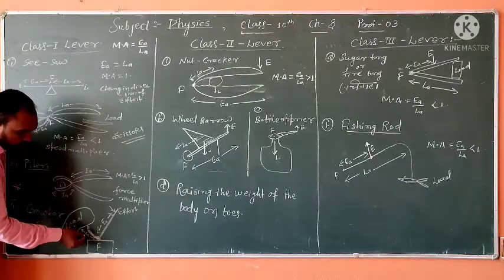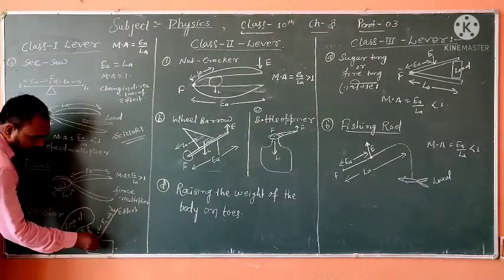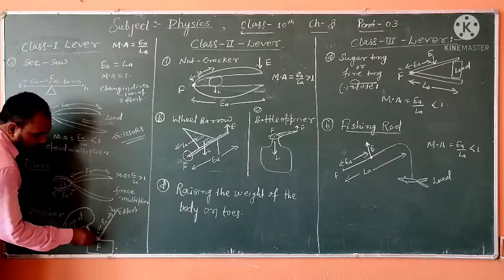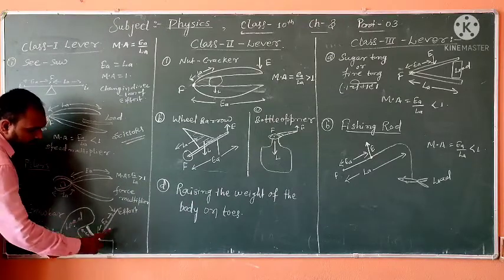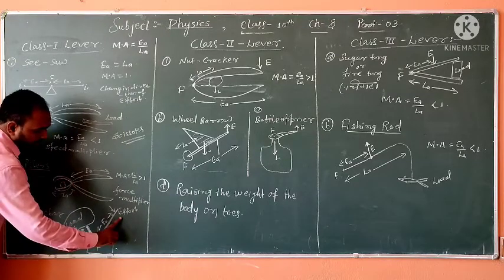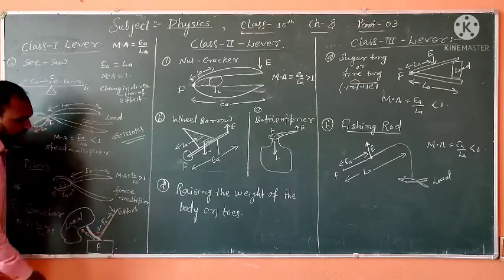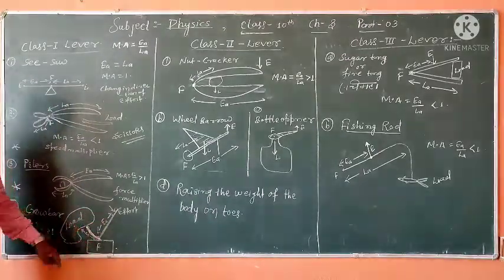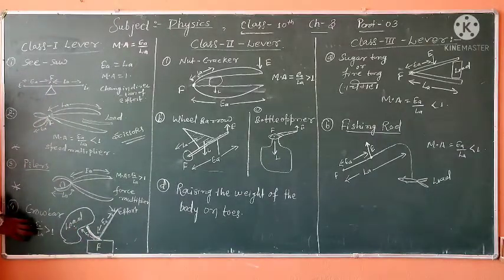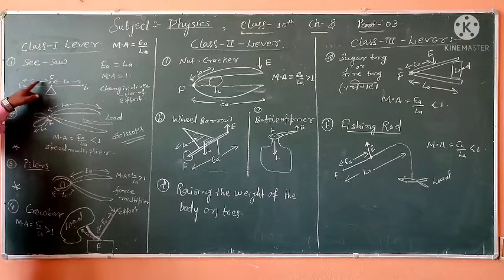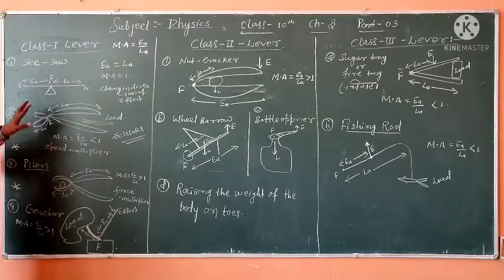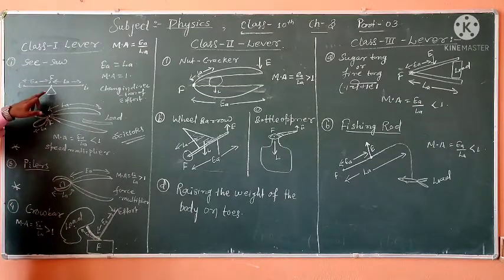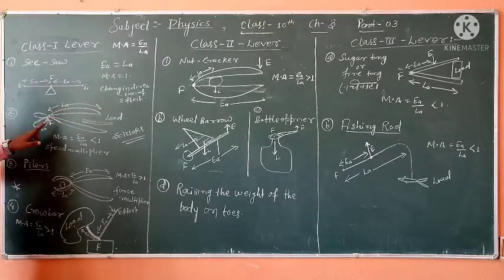Here is a load. The distance between fulcrum and load is very less, while the distance between effort and fulcrum is high. It means the effort arm is greater than the load arm, so it will also act as a force multiplier. So dear, in all these four examples, we find that the fulcrum is in the middle, between load and effort.